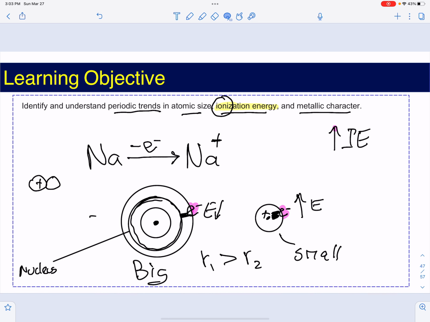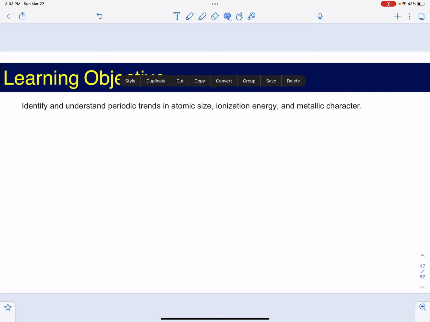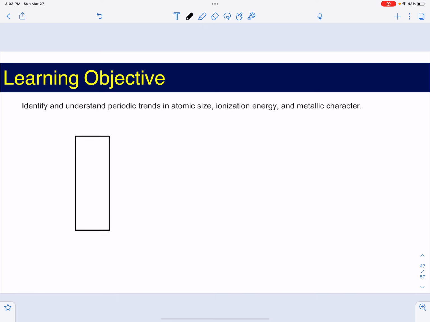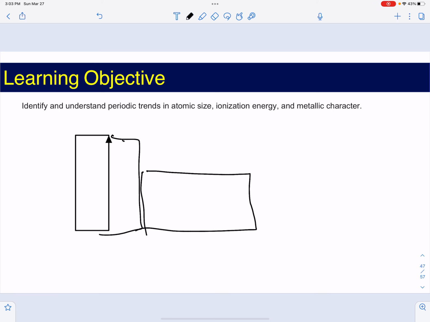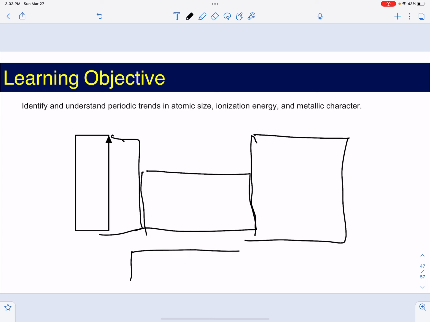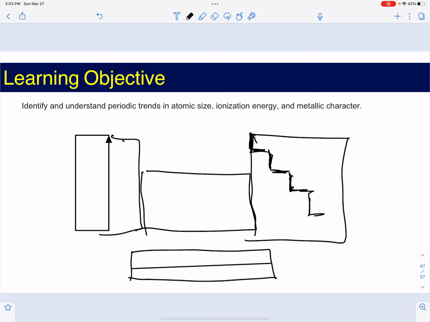And what about the last one, metallic character? Well, if you recall, on the periodic table, you're going to have something like this. You're going to have your two columns on the periodic table. Then you're going to have your block over here, right? And then you're going to have your other 6 columns over here. And down here, you're going to have the inner transition metals. So if you remember, we got the steps that define the non-metals from the metals.